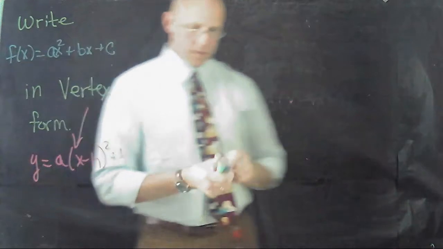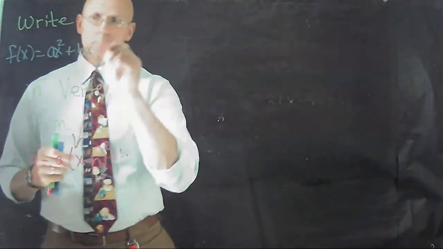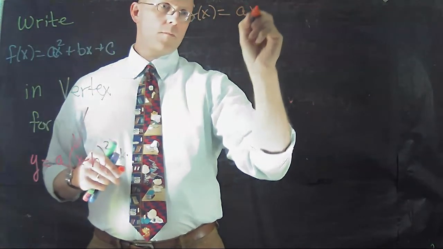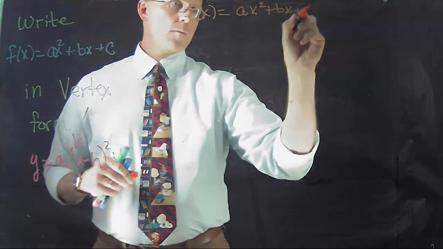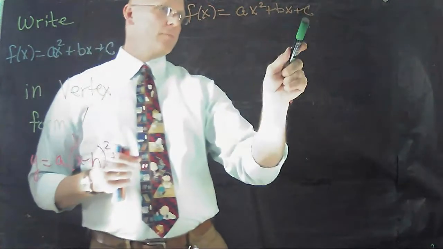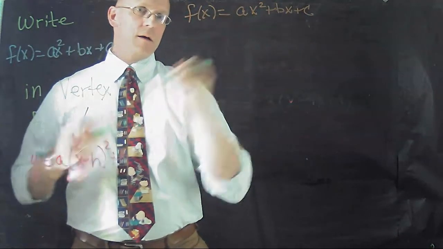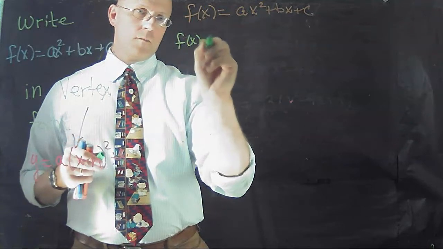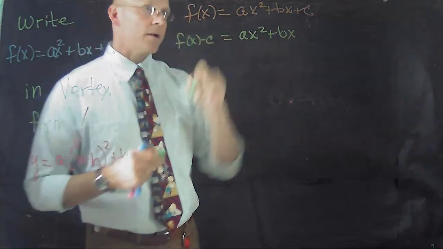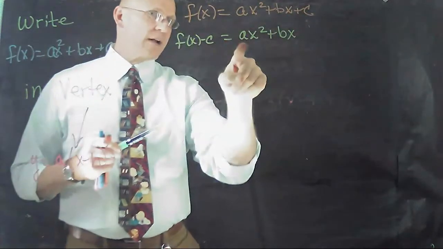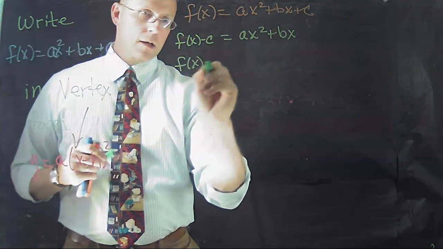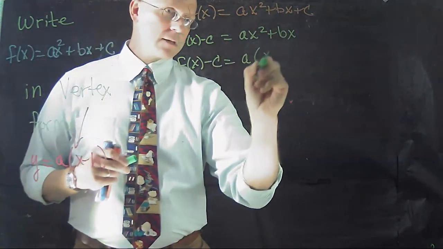In order to complete the square on this, what we literally did was we started by moving the constant to the left-hand side. The next thing we did was we factored out this a value right here. Boom.